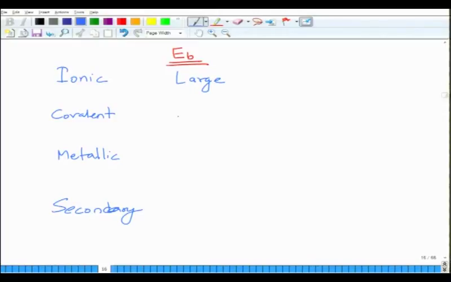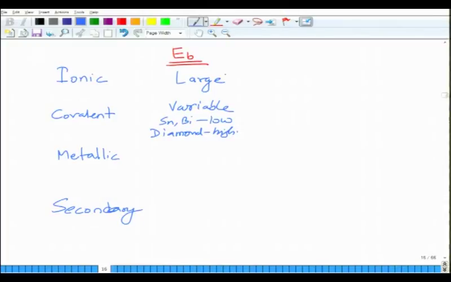E_B for covalent bonding is variable, because for something like bismuth or tin it can be low. So, for tin and bismuth it is low, but for diamond it is high.